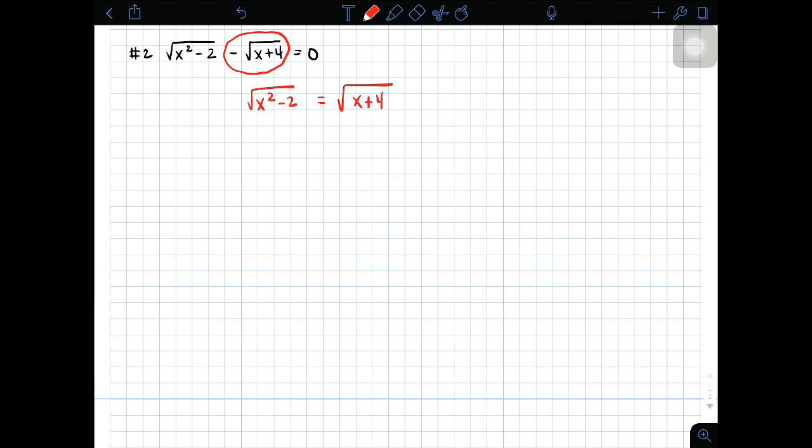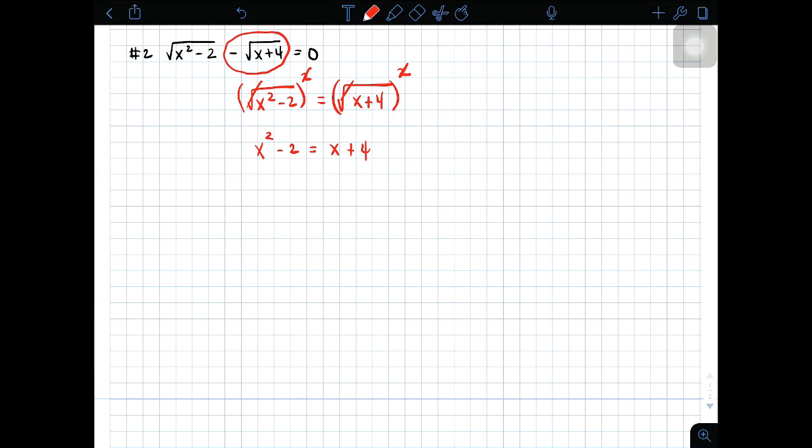And then, the problem here is the radical sign, and how to eliminate it, just raise the equation by 2. In this manner, you can eliminate this radical sign and this power of 2. Now the remaining equation is x squared minus 2 is equal to x plus 4.